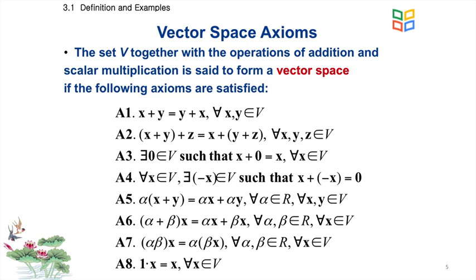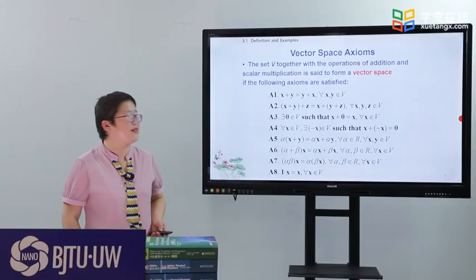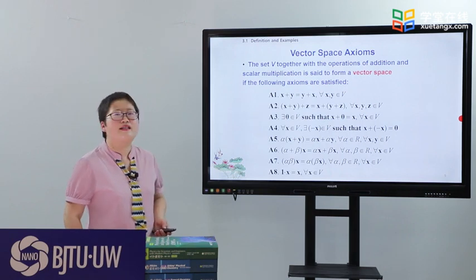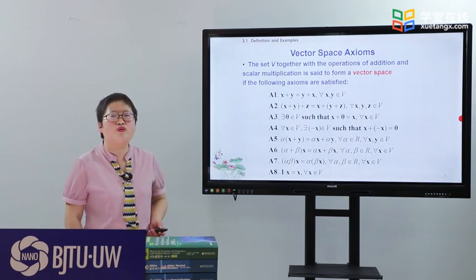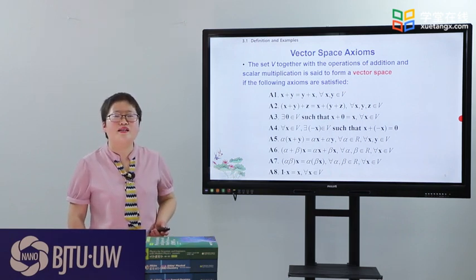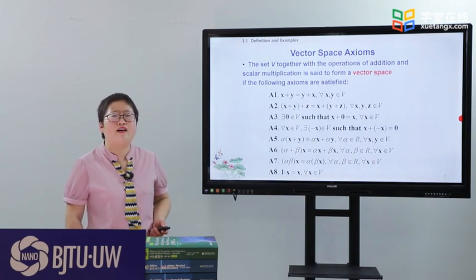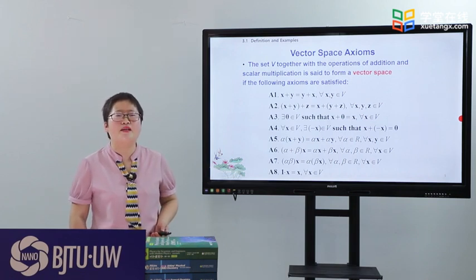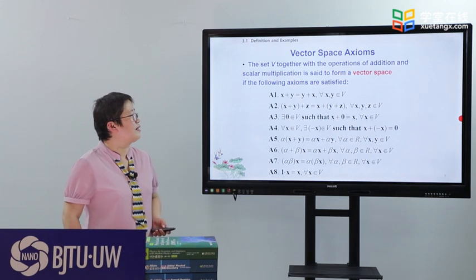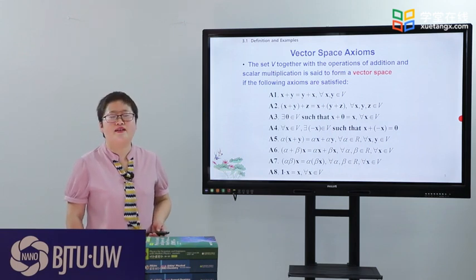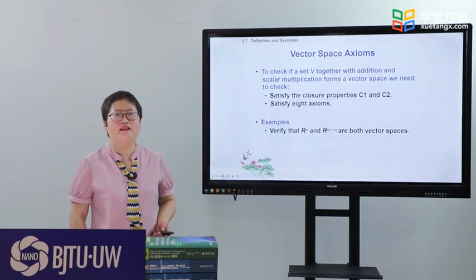So we have this axiom for any alpha, beta belonging to the real numbers and any X belonging to V. So if the set V together with the two operations satisfies A1 through A8, these 8 axioms, then we say that they form a vector space, or we say they form a linear space.